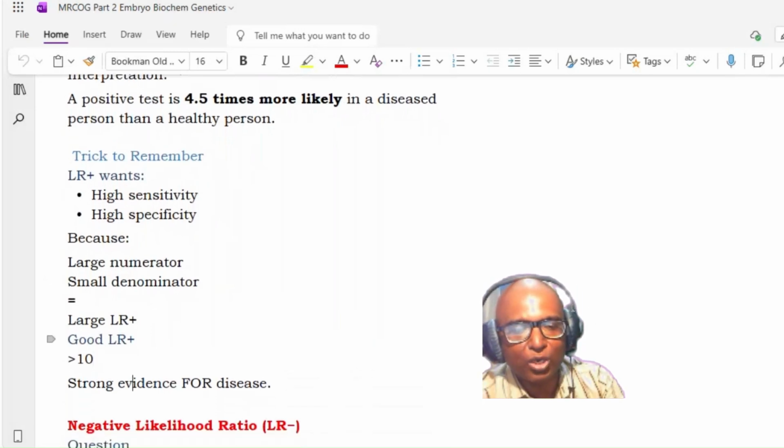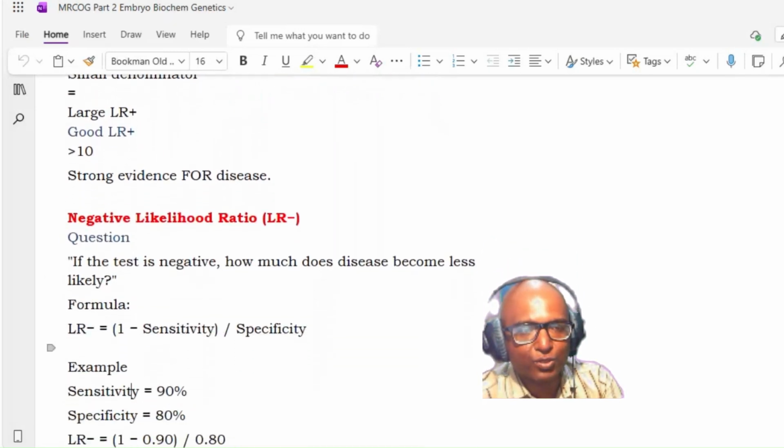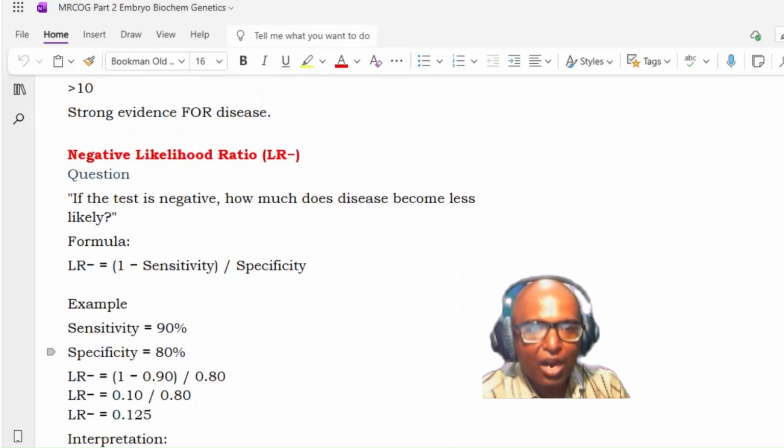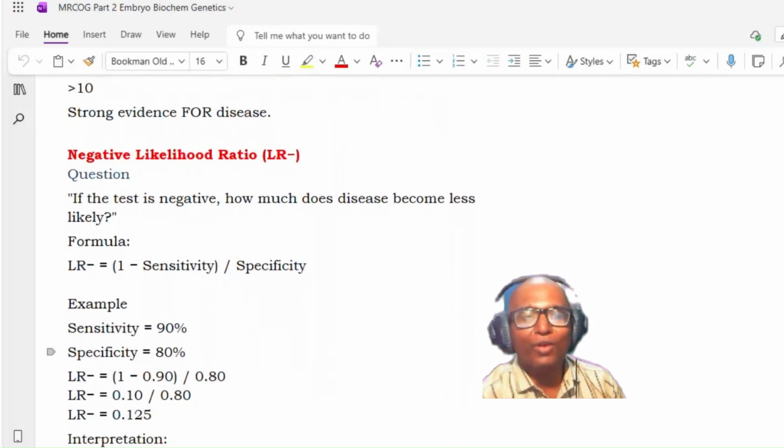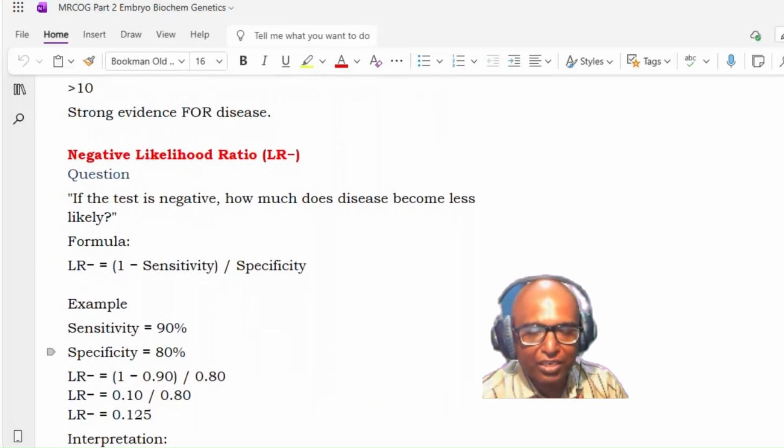Now we will talk about negative likelihood ratio. If the test is negative, how much does the disease become less likely? As a clinician, what is going to be my impression when I get the negative test?